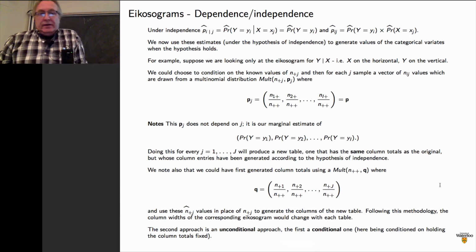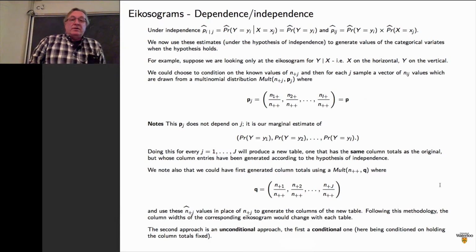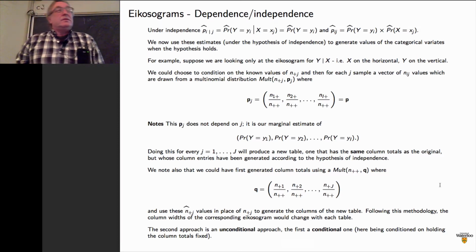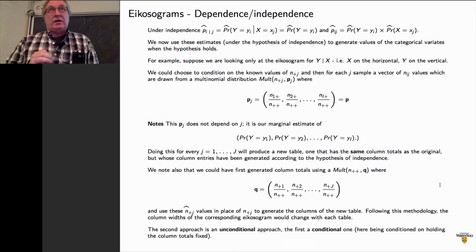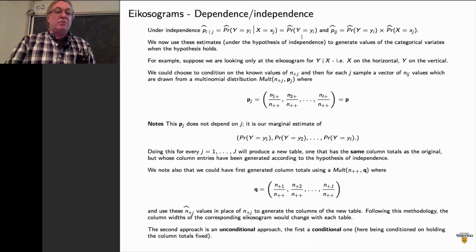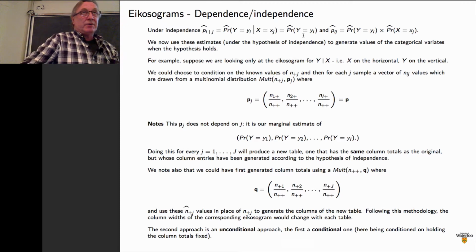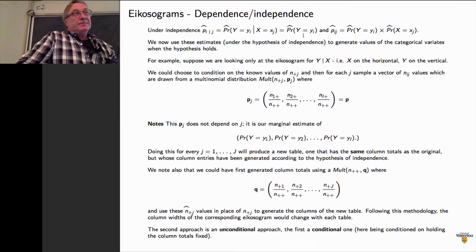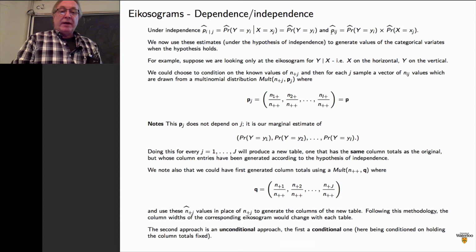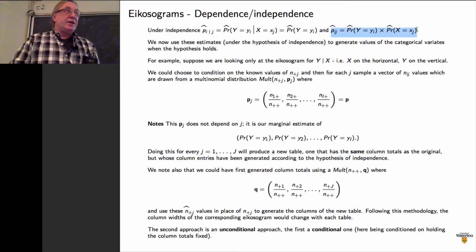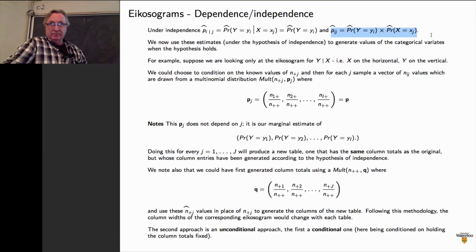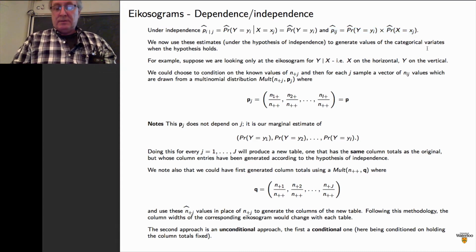So a little dense slide here, but it says essentially what I've just talked about, but now we're going to look at the condition that they're independent. If they're independent, every conditional probability can be replaced by the marginal, right? And that means that my estimate of any ij cell should just be the product of the marginals. So that's what the model is imposing, okay? So let me just go back here.